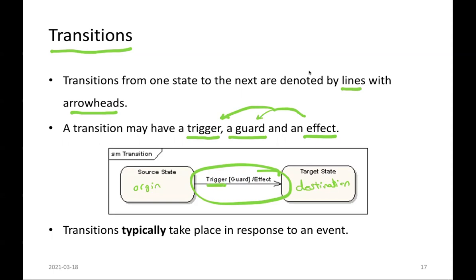We open square brackets, inside we put the guard, then we close the square brackets, and then we have a slash, followed by the effect. Transitions typically take place in response to a certain event that has caused the transition from one state to another.